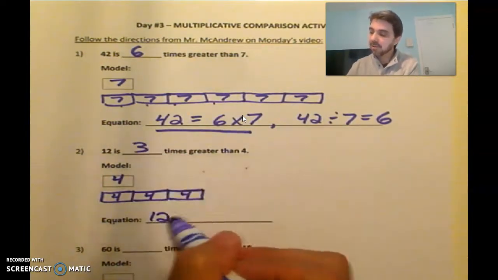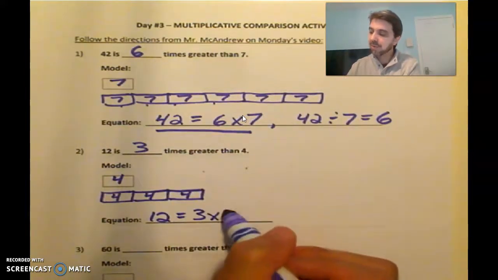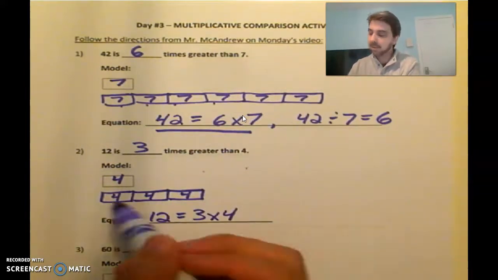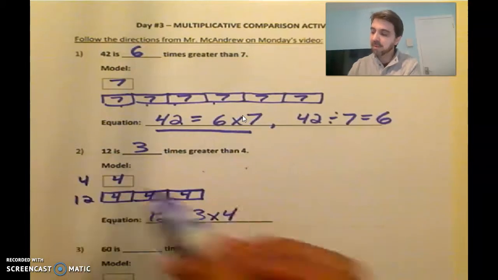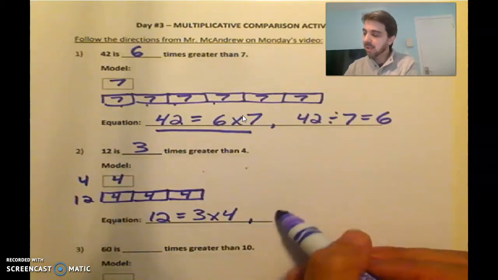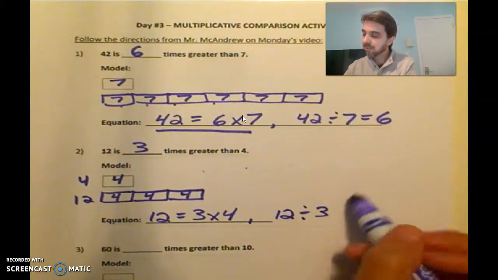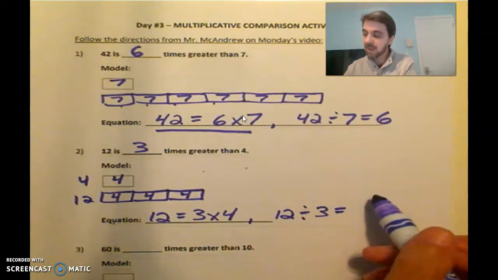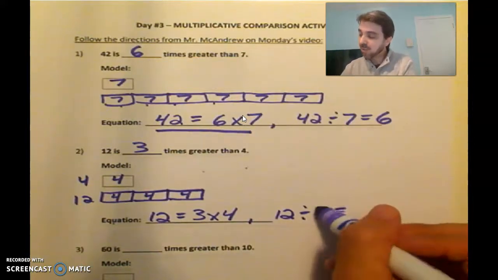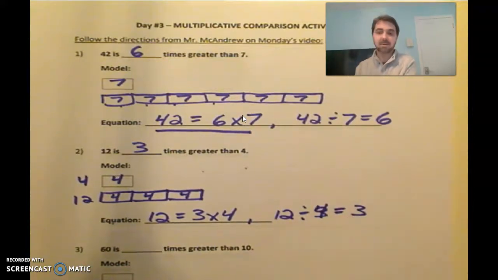So 12 is 3 times greater than 4. Okay, because here's 12 and here's 4. Or you could say 12 divided into groups of 4 gives you 3 equal groups. Okay? It's also true that 12 divided by 3 is 4.